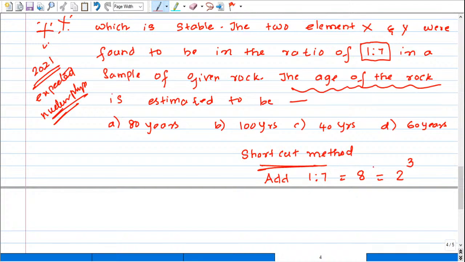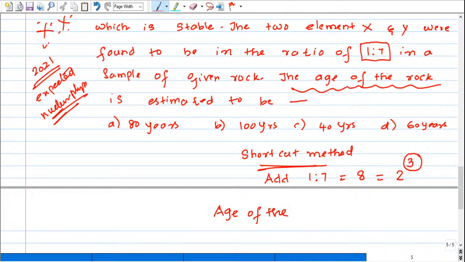If it is 16, you can write it as 2 power 4. That number has to be converted into multiples of 2. The sum will be given in the value of multiples of 2 only. So there is no need to worry; just encircle this power number 3. This is called the tricky number. Now the question asked is the age of the rock.